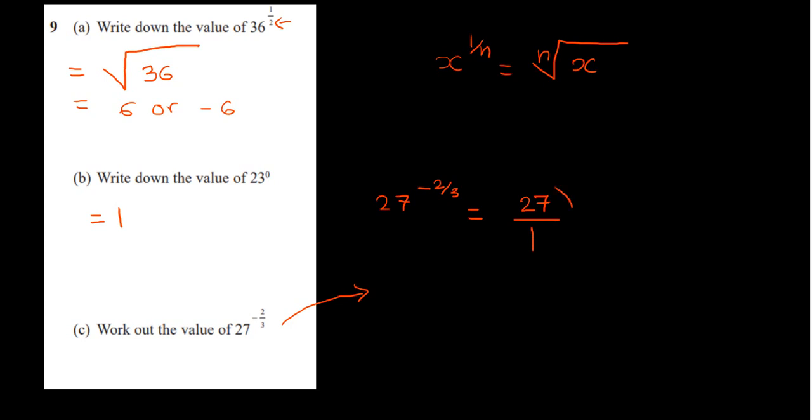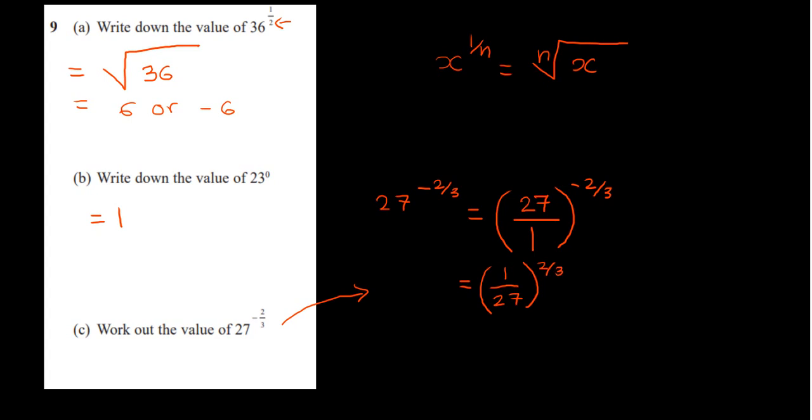So I'm going to do 27 over 1 to the power minus 2 over 3. Then the next thing I do is get rid of the negative power. In order to do that, I have to flip the fraction over and write it down as its reciprocal. So that would be 1 over 27. And I can get rid of the negative power. So that would be to the power 2 over 3.